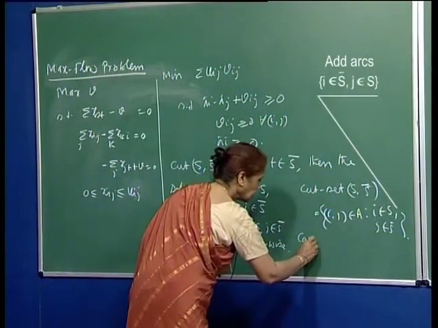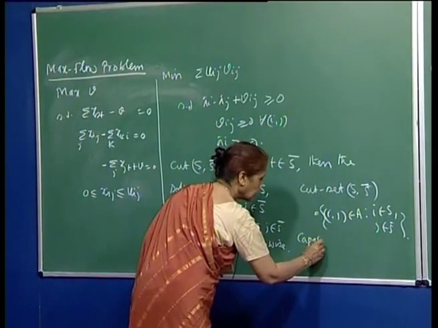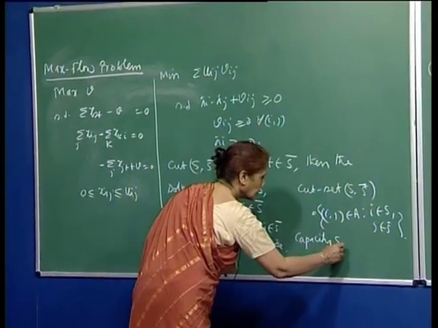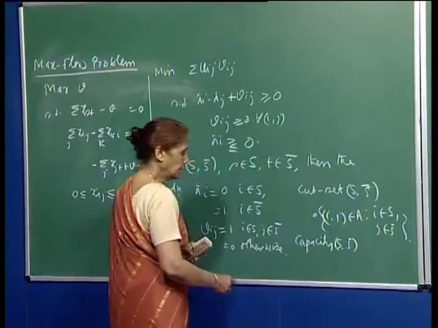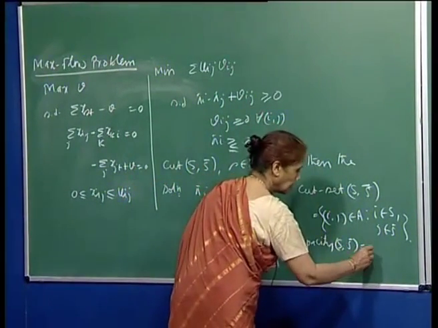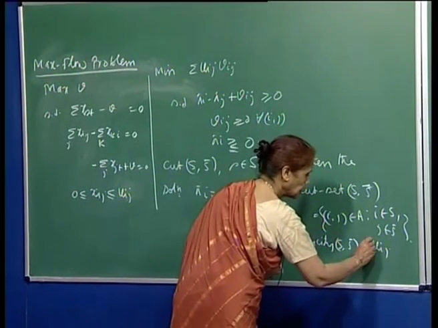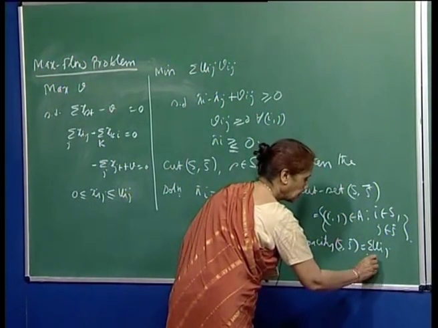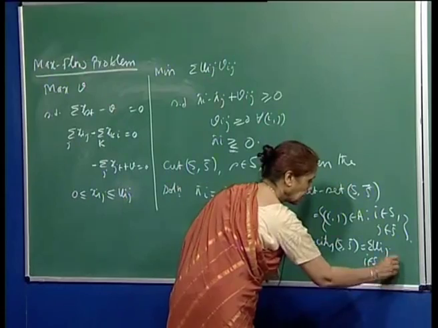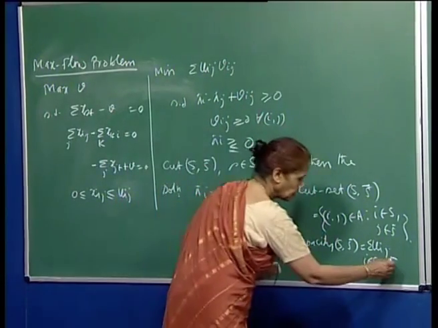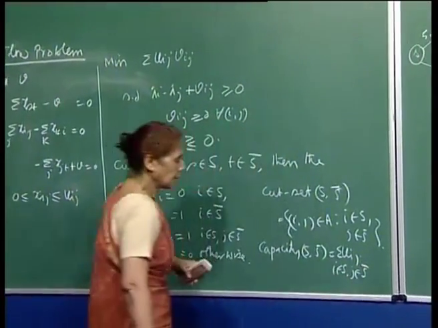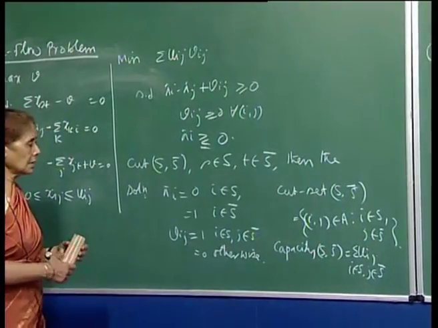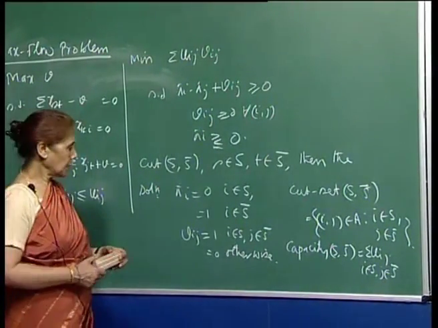So, capacity of the cut S, S bar is equal to summation Uij, i belonging to S and j belonging to S bar. So, all the arcs which are going from S to S bar, adding up their capacities, gives me the capacity of the cut.